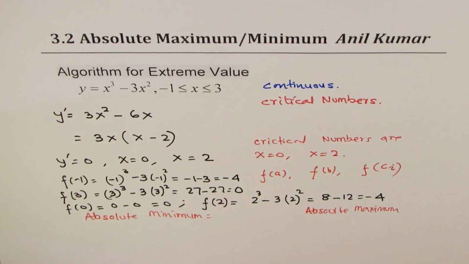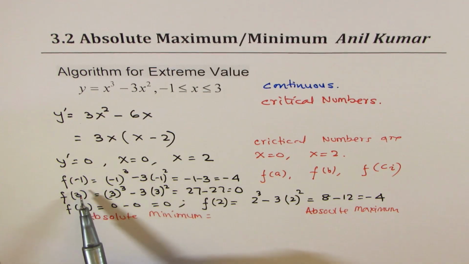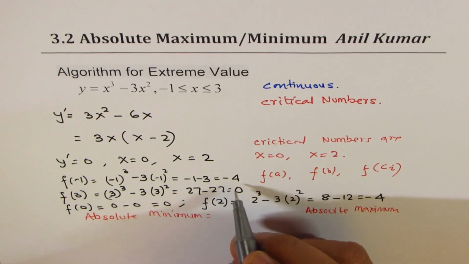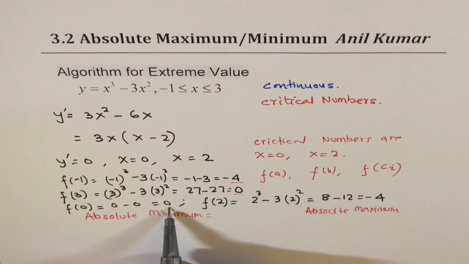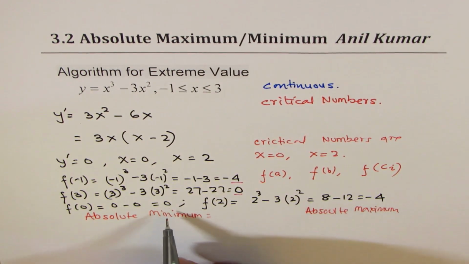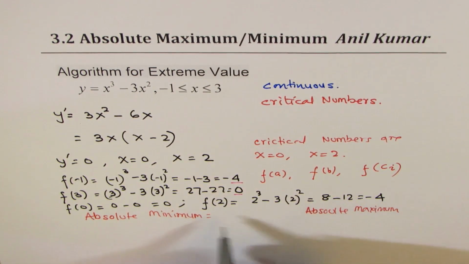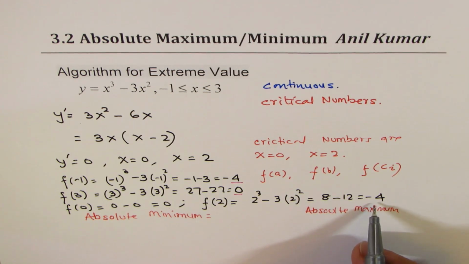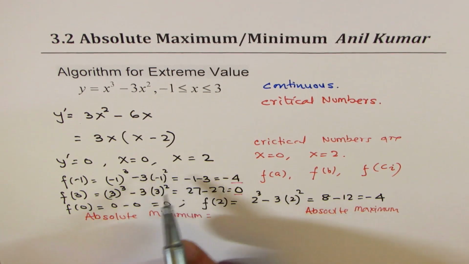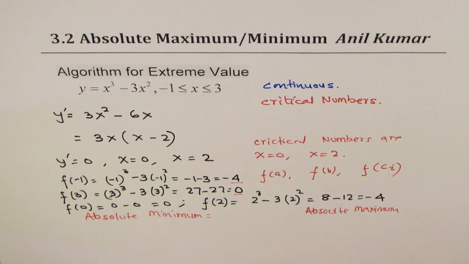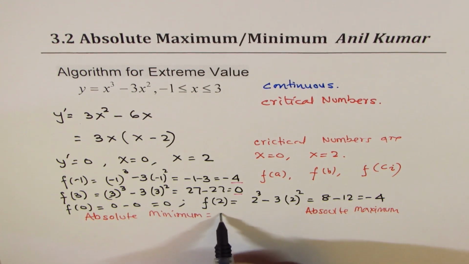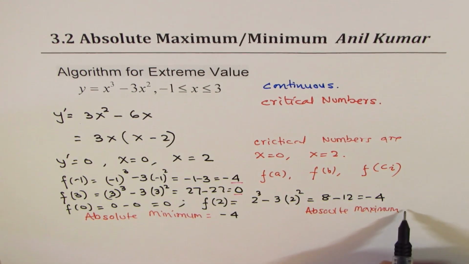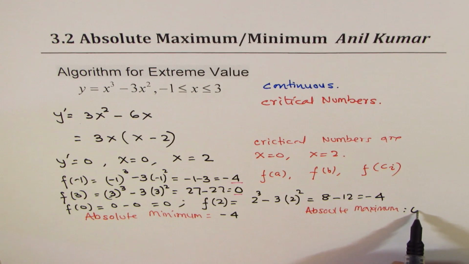The values to be compared are at the limits, -4 and 0, and these two critical numbers. Well, we have a lowest value of -4 and a highest value of 0 in this interval. Is it okay? So we see that the absolute minimum is -4 and the absolute maximum is equal to 0.